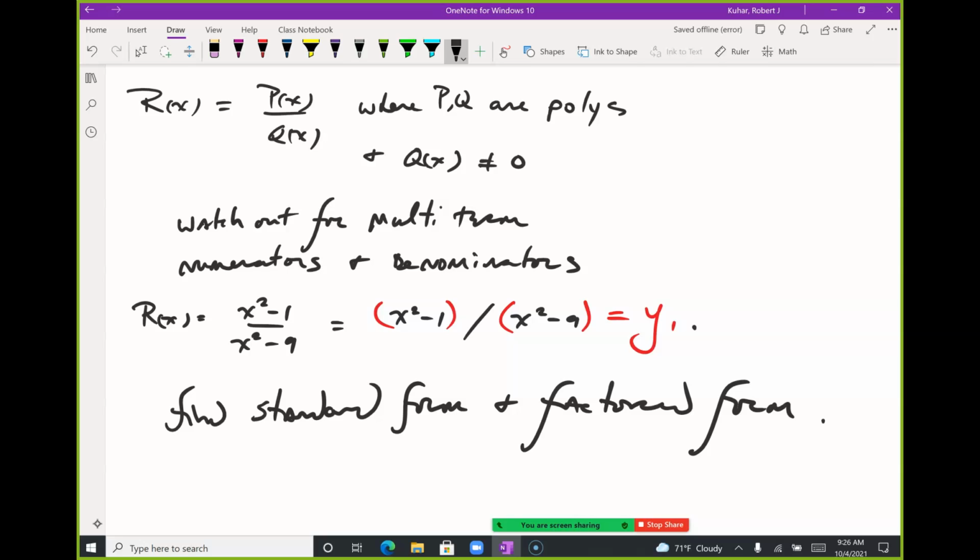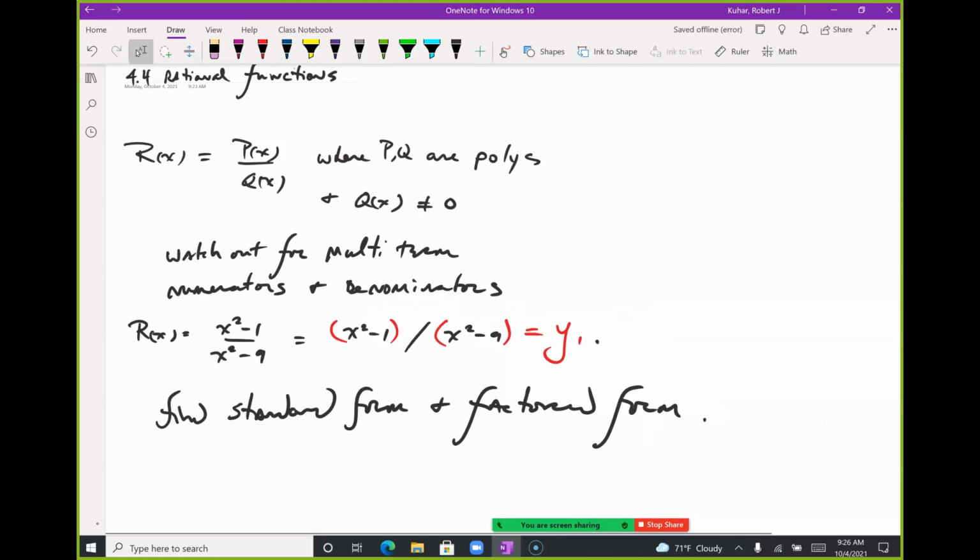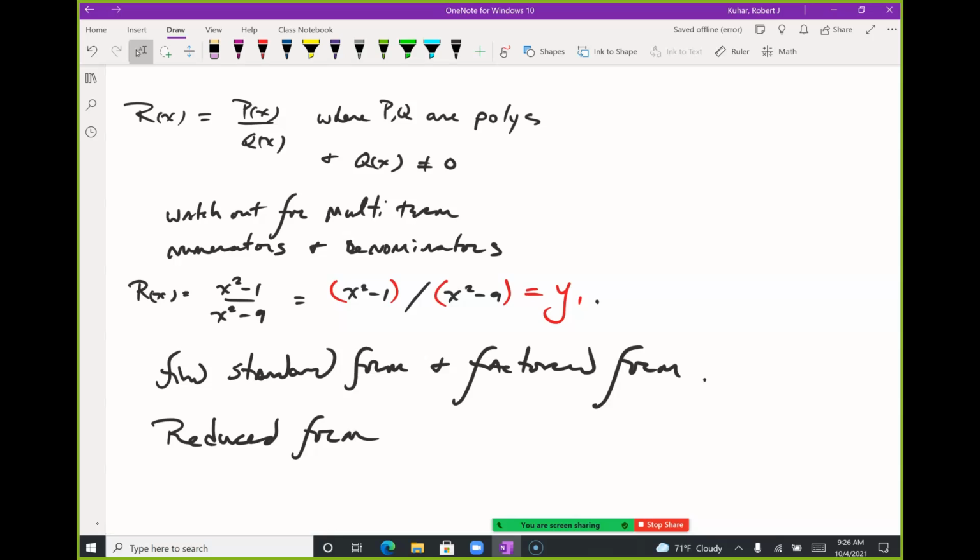The factored form upstairs would be completely factored, so I might need synthetic division here, and the downstairs would be completely factored. And then we want to also think about the reduced form, which leads towards something called removable discontinuities.